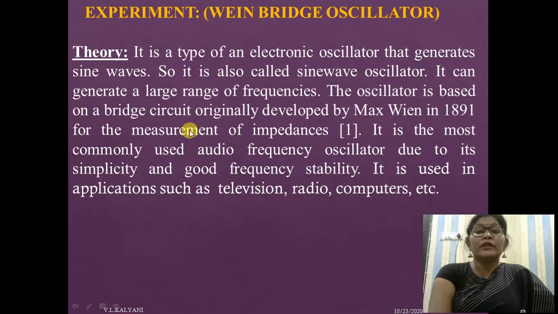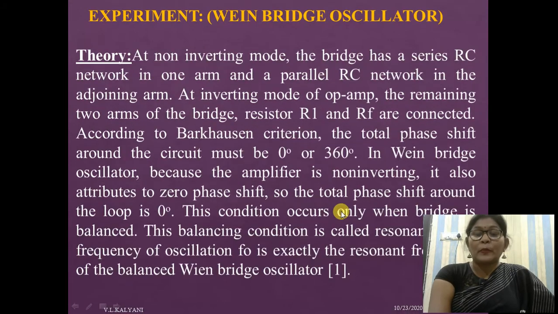The oscillator is based on a bridge circuit originally developed by Max Wien in 1891 for the measurement of impedances. It is the most commonly used audio frequency oscillator due to its simplicity and stability, and it is used in many applications such as television, radio, computers, etc.